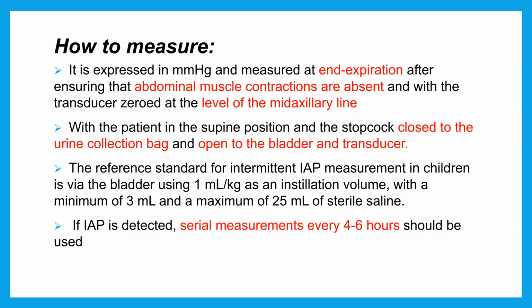And now we are coming to how to measure. But before saying how to measure it, there are two different opinions. Some people say you don't have to measure, you have to go with clinical judgment. So if we have a patient with a primary or secondary cause, with abdominal wall edema, with ascites, and now there is decreased urine output, or difficulty to ventilate despite the lungs being fine, or a low cardiac output picture, we have a high suspicion of abdominal compartment syndrome.